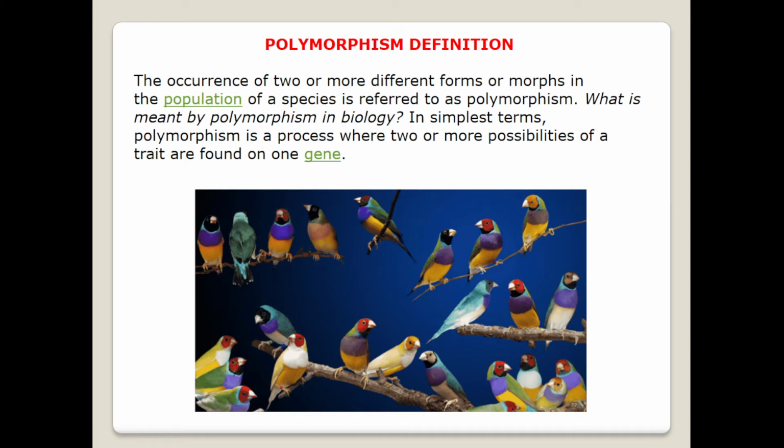This is the information you get if you Google what polymorphism means. And if we look at our classmates and our relatives, we will see many who are the same but with a slightly different shape of nose, shape of fingers, structure of hair, and so on. All this gives us polymorphism.